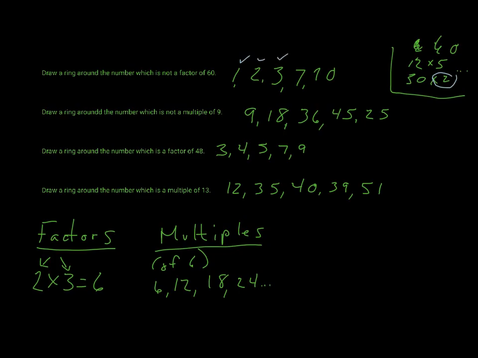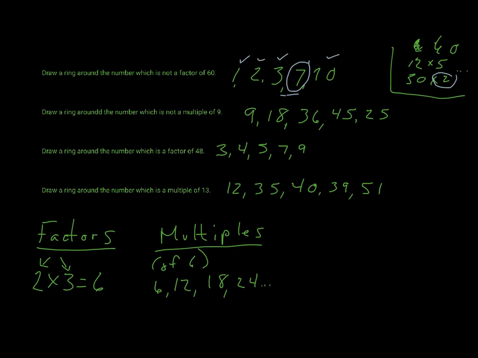What about 7? On the 7 times table, 60 doesn't really appear, so we can take that. We'll check our work before the next question, but 7 sounds like a good candidate. What about 10? Obviously 6 times 10 is 60, so we don't want that one. So it looks like 7 is going to be our answer.